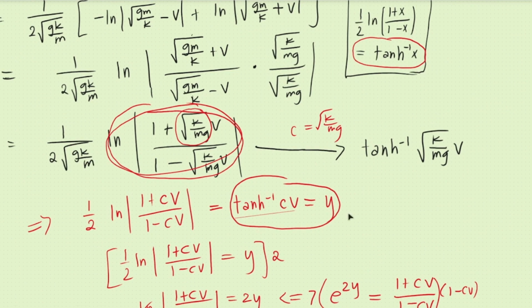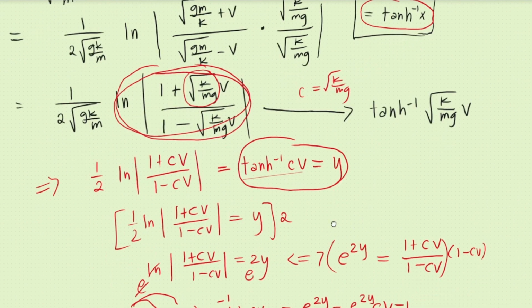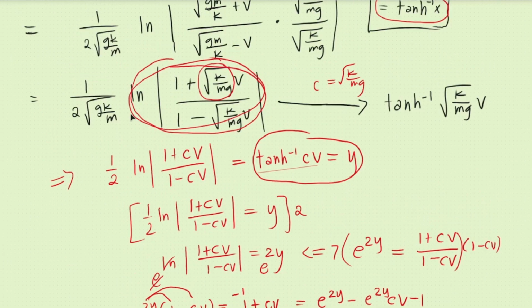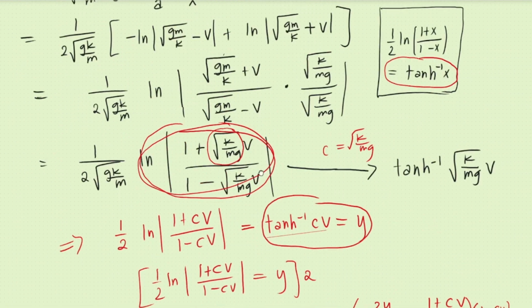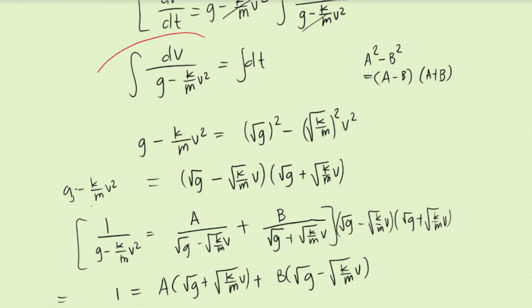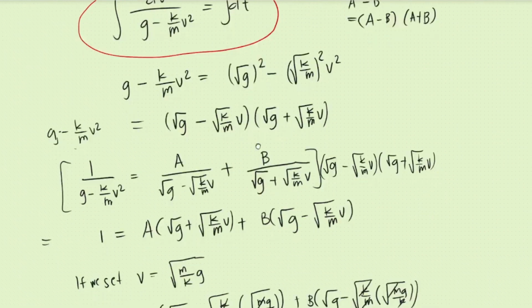So now, this is the answer for the left-hand side of our equation, which we integrated before. You remember? This was our original equation, and we found this left-hand side of the equation as that one.